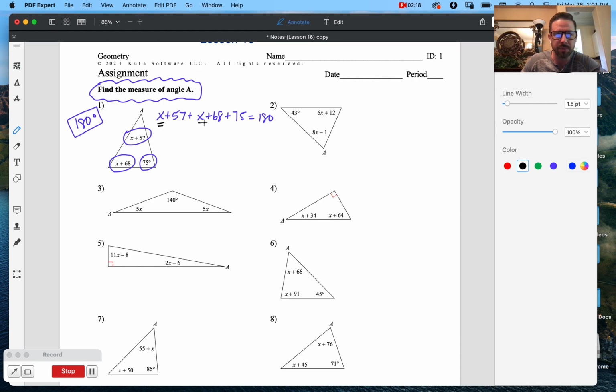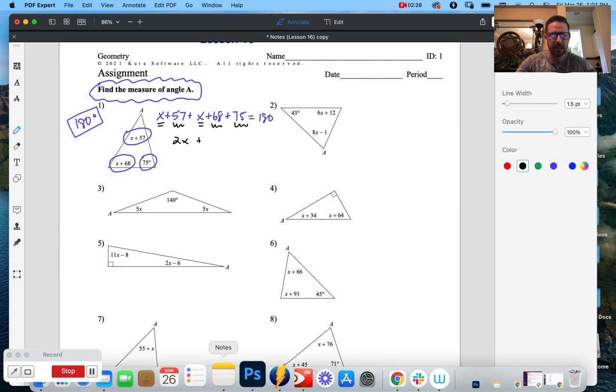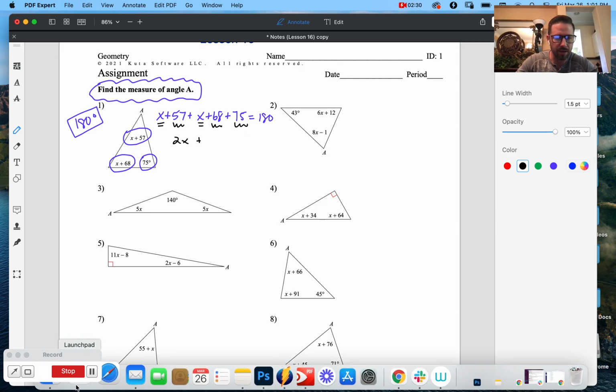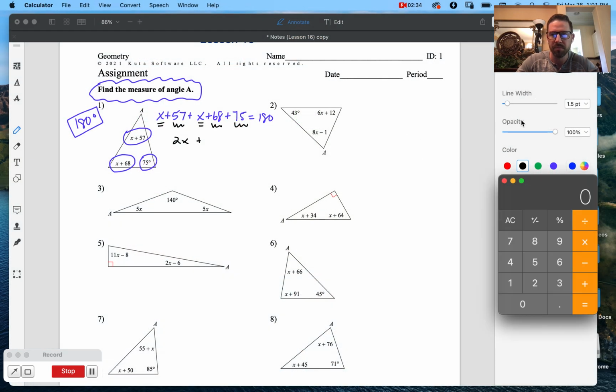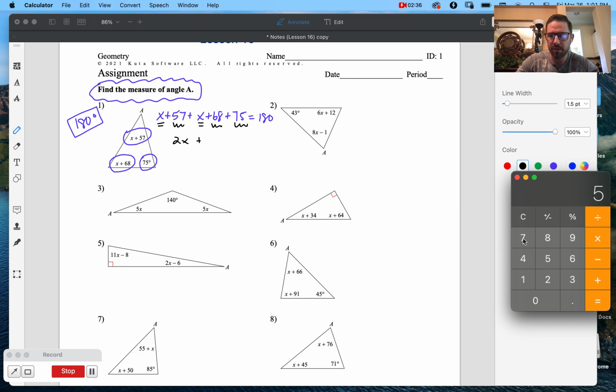At this point we need to combine like terms. So we've got x, we've got x. Do we have any other x's? No. So it looks like 2x plus, and look what we've got here, 57, 68, and 75. Yikes. Give me a second, I'm going to pull up my calculator. 57 plus 68 plus 75 is 200.